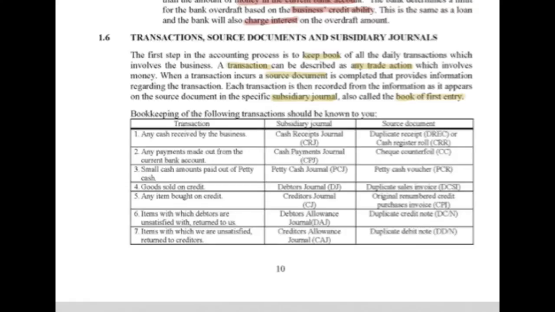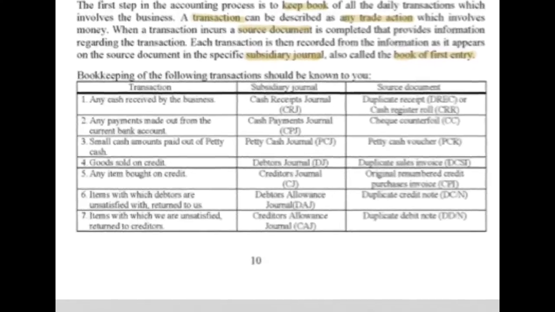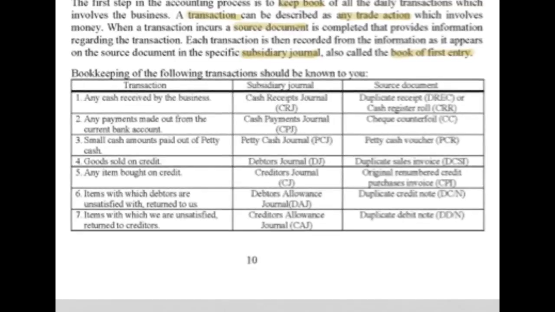So the transactions that you must already know by now from grade 8 and 9 are the following. Firstly, when I receive cash, remember it goes into the CRJ, and the source documents that I get are a duplicate receipt and a cash register roll.